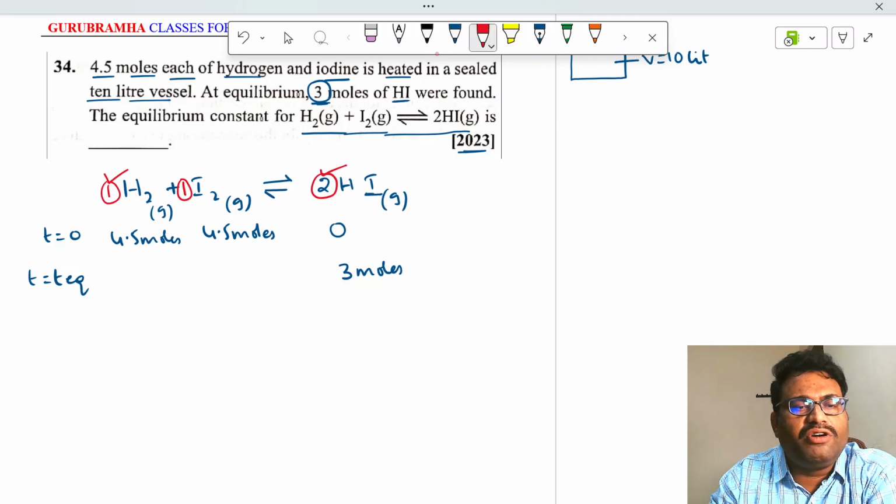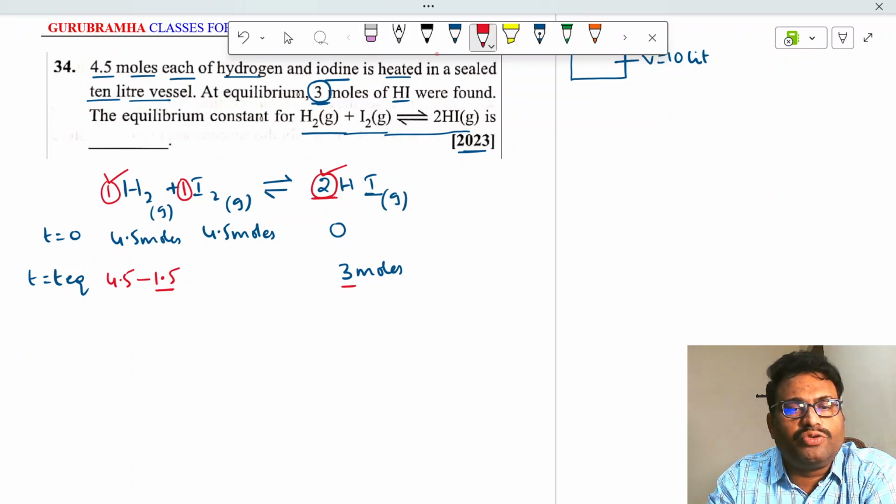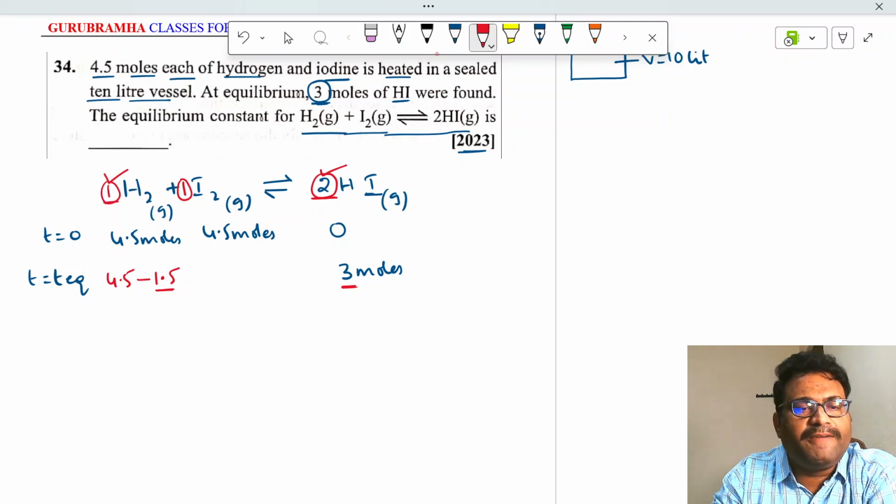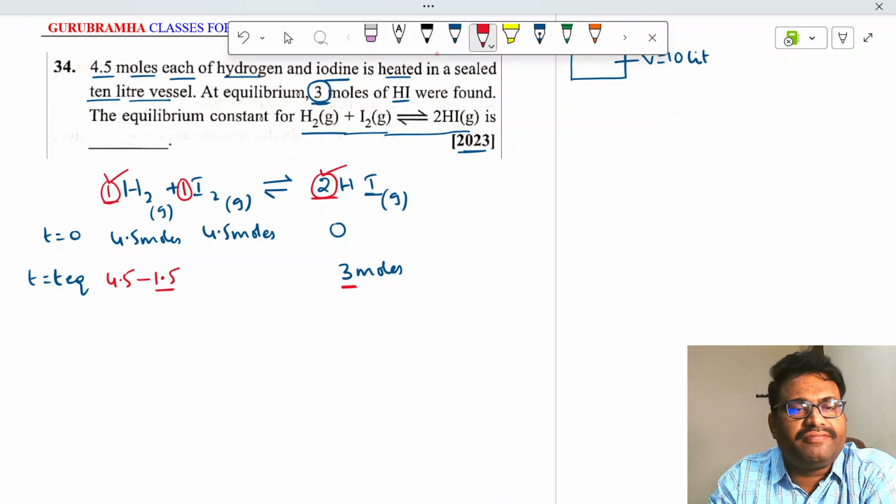So at time t equal to equilibrium, initially 4.5 moles are there. How much has reacted? 1.5 moles. How did we find that it is 1.5? Because the stoichiometric coefficient for HI is 2, and 2 corresponds to 3 moles, then 1 will be 1.5. The same is with the iodine also.